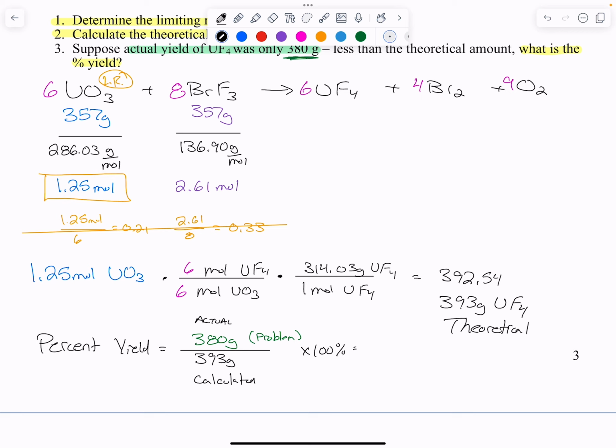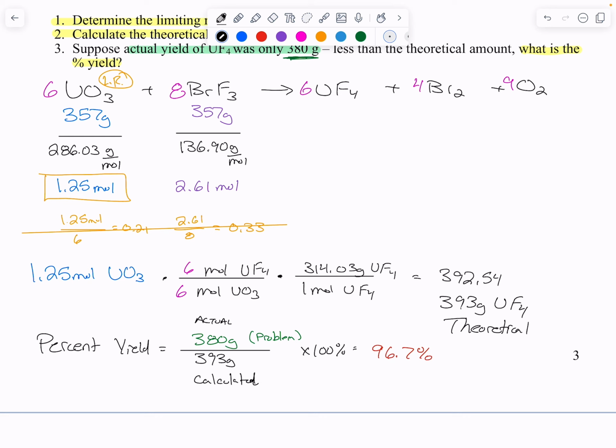And so if I do that in my calculator, 380 divided by 393 times 100%, I get 96.7. Perfect. That's great. There we go.